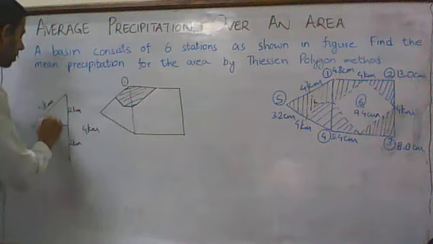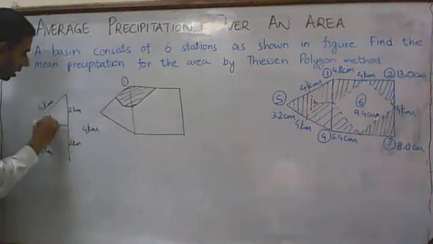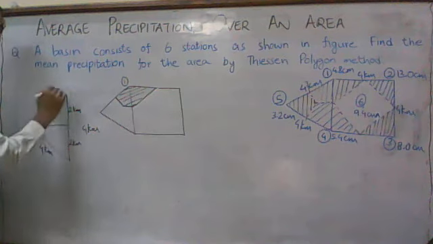Suppose the height of this line is h. So what will be the value of h? We can use the Pythagoras theorem.